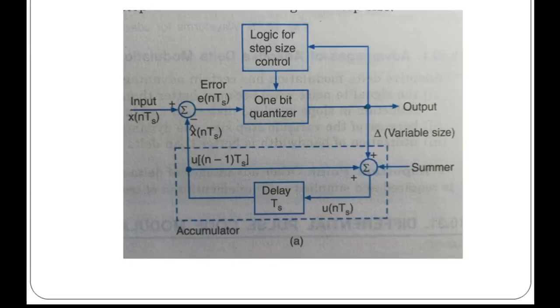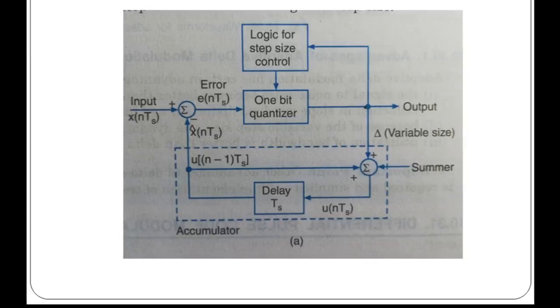The adaptive delta modulation can take a continuous change in step size, or a decrease in the step size. This particular figure shows the transmitter of the adaptive delta modulation. The logic for step size control is added in this diagram.